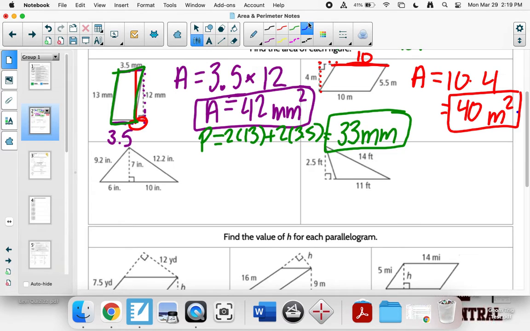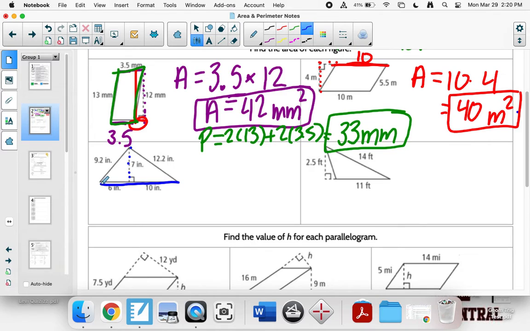In this case, what is our height? 7. 7 is our height. And what's our base? 10. 16. What did you say? I heard 10. 16, your entire base.